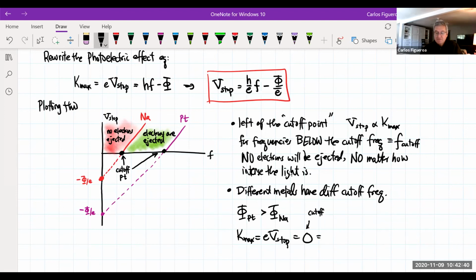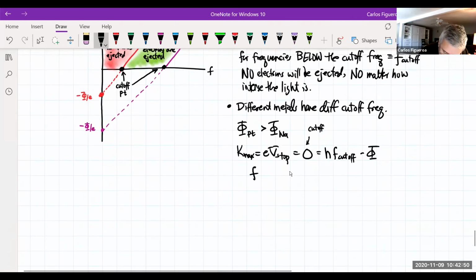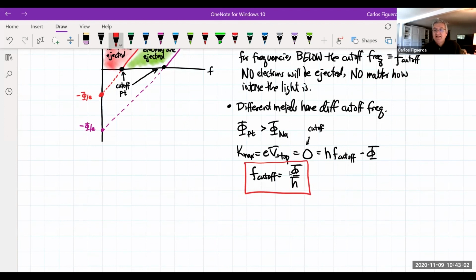So then this is going to be h f cutoff minus the work function. So you can see here that the cutoff frequency is going to be phi divided by h. So you can see that it's directly proportional to its work function or its binding energy.